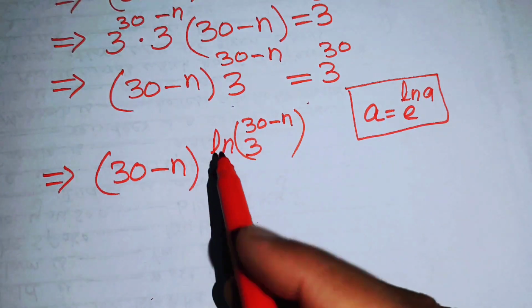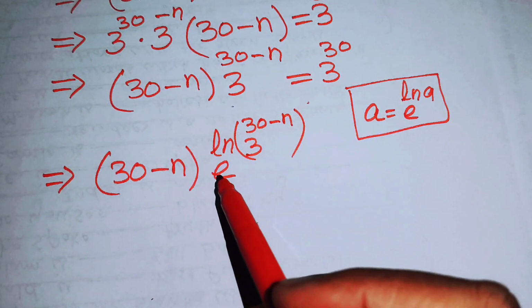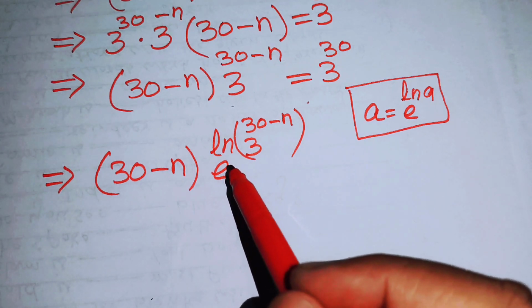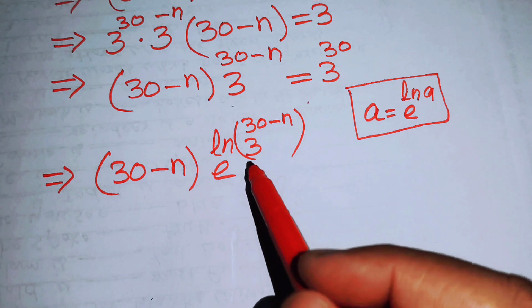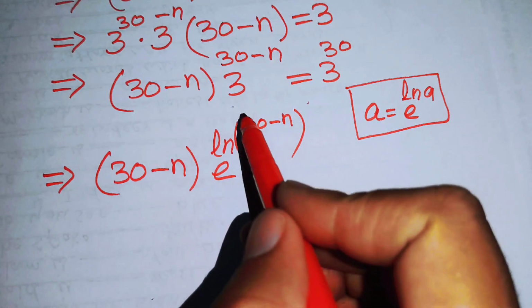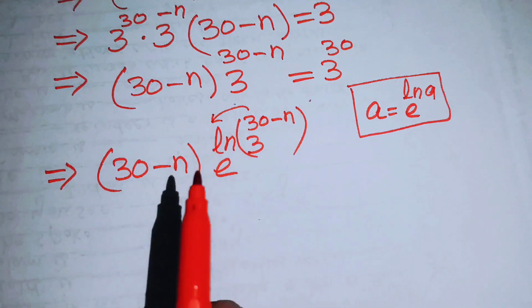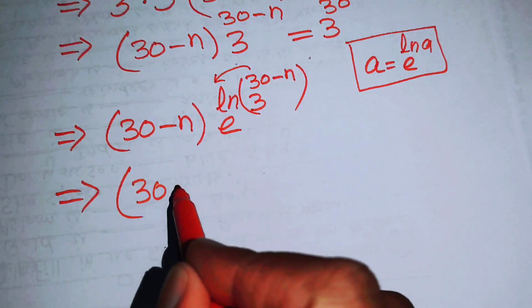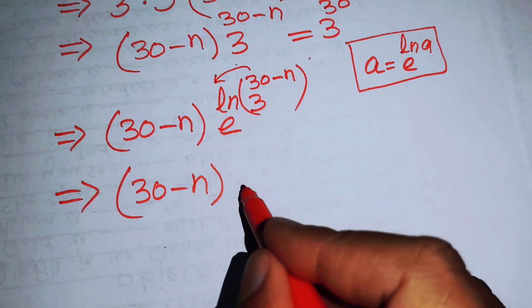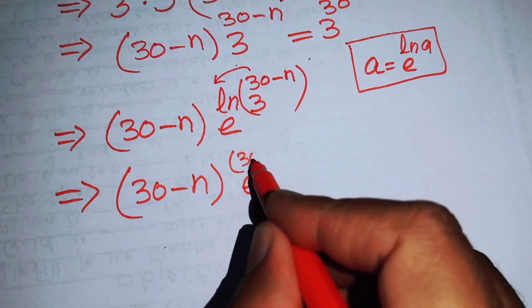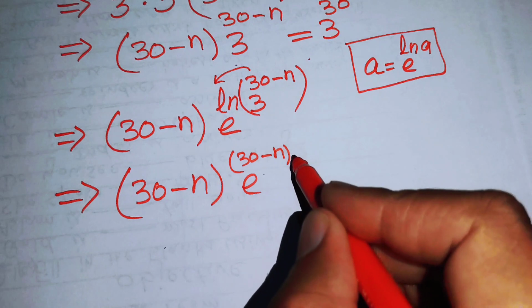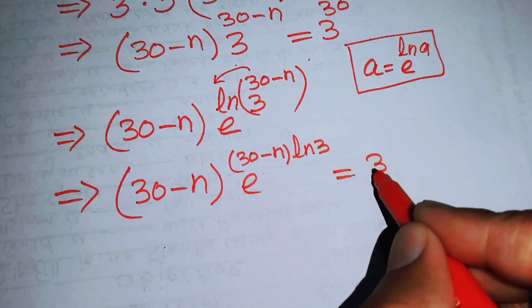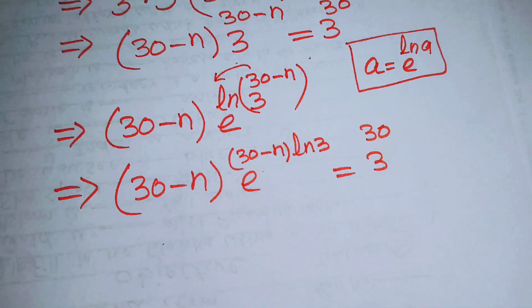Here I can just take log and antilog at the same time, so that you can write in this form. And now we can use the property of logarithm, and we move this 30 minus n in front of this log, and you will get 30 minus n into e to the power of 30 minus n times log 3, and its right hand side is 3 to the power of 30.